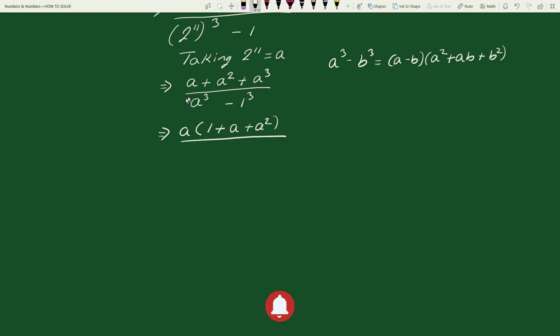So we can write this as (a - 1) times (a^2 + a times 1 + 1^2).